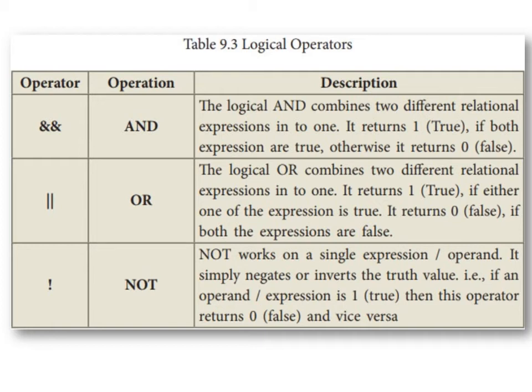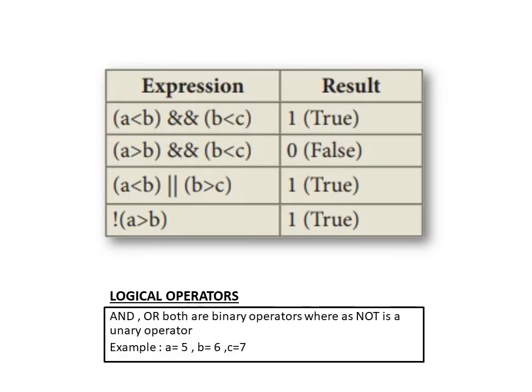It just inverts the true value. If the expression is given 1 and there is a not there, the result we are going to get is 0. Now, and or both are binary operators. In NOT's case, it's only using one operand, so it's a unary operator.